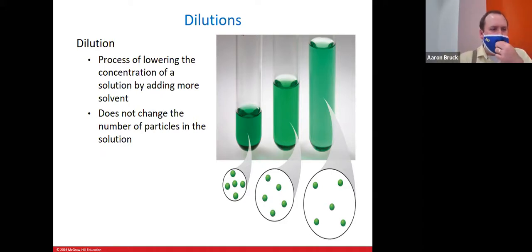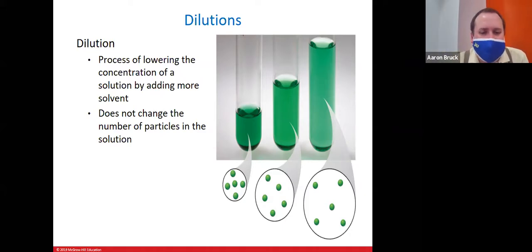What's interesting to note about dilutions is that because we are only adding solvent, it doesn't change the amount of solute that's actually present. So take a look at these 3 pictures. I've got 3 test tubes with this green liquid in them.